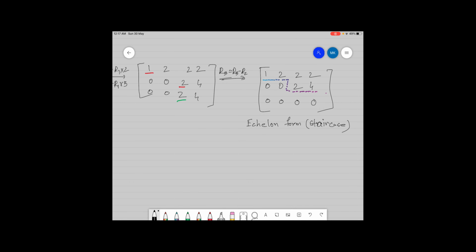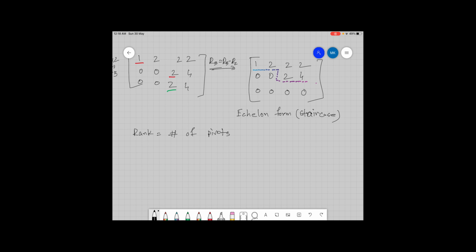From this matrix you can see the rank is 2. The rank is basically the number of pivots in any matrix after the elimination. So for this matrix, how many pivot columns or free columns are there? Free columns means the columns where we do not have any pivot.